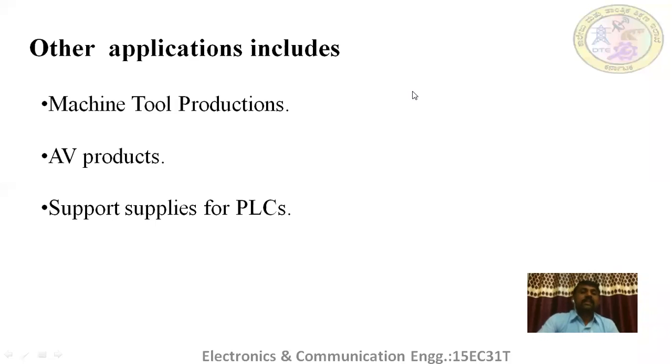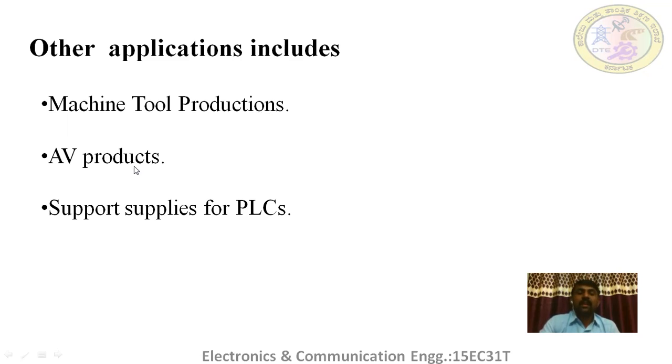Also, this SMPS is used in machine tool production. Machine tool systems include lathe machines, drilling machines, cutting machines. So SMPS is used to power electronic circuits such as display and control sections in machine tools.